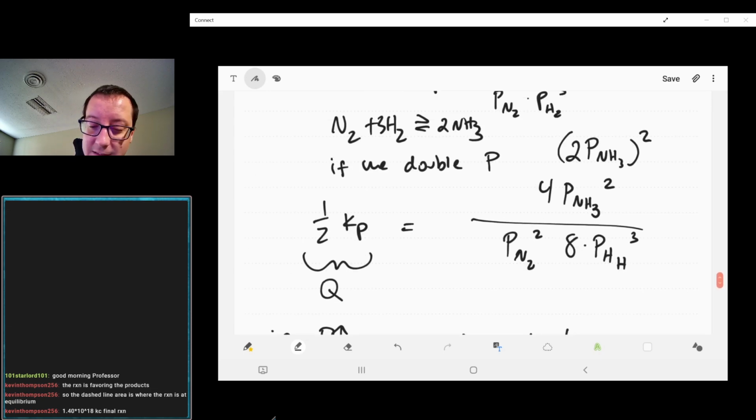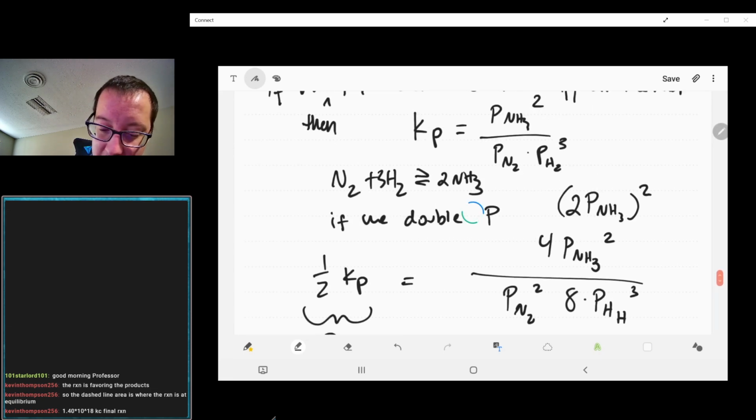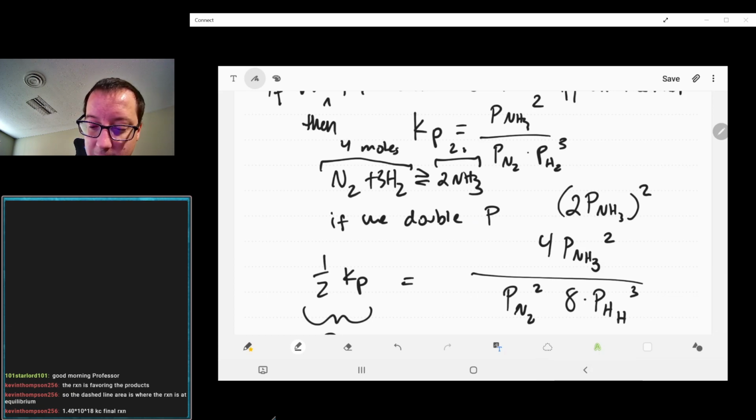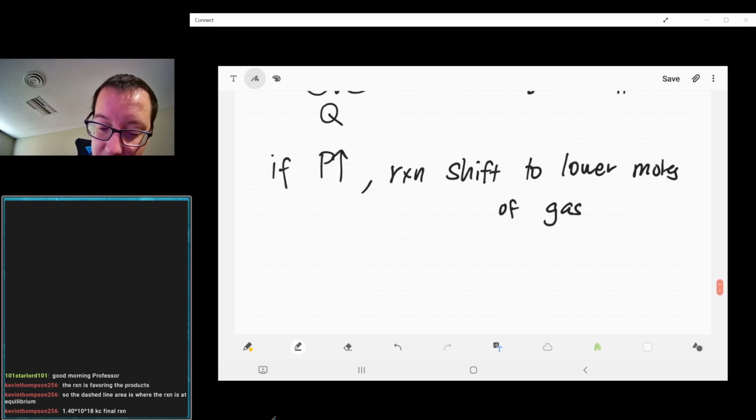In this case, we have 4 moles on our reactant side, and we have 2 moles on our product side. So if we increase the pressure, the equilibrium is going to shift to the side with the lower number of gas moles. So that's going to end up shifting to the product side in this reaction.